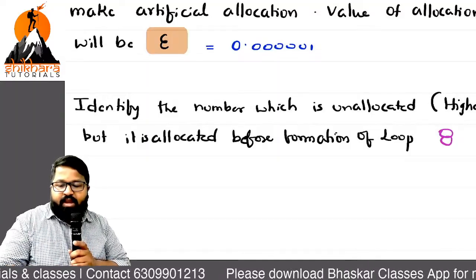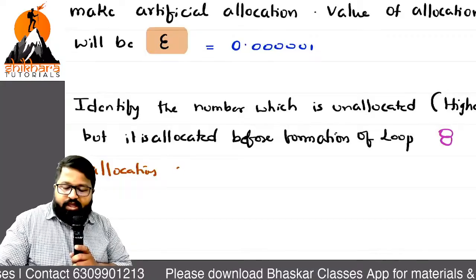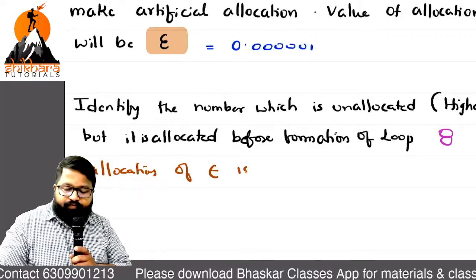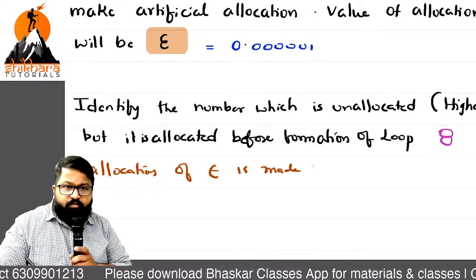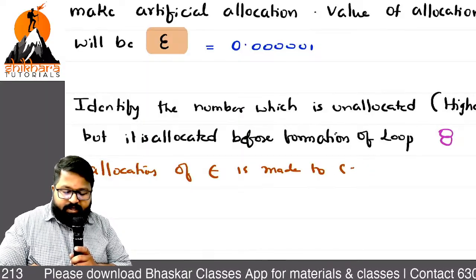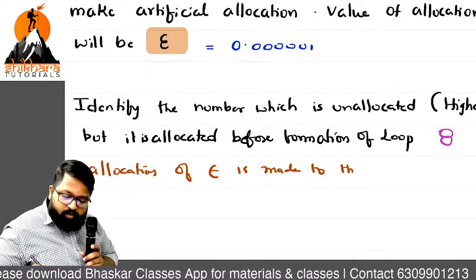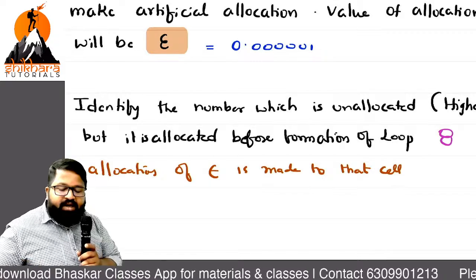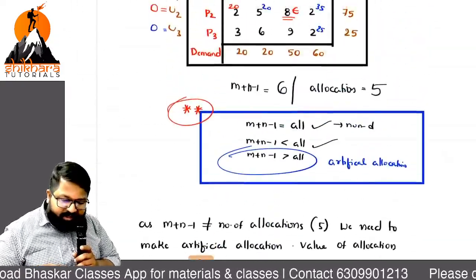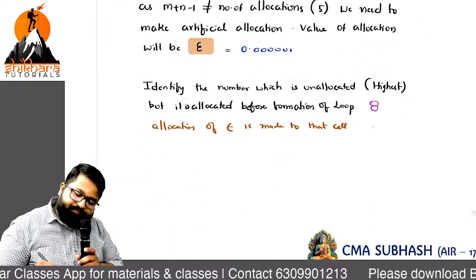For that, make an artificial allocation of E to number 8, to that cell. What is the cell address? P2 R3.